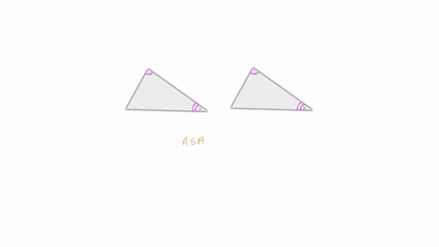And you have your included side here. So if I have two triangles and they have two congruent angles, let's call this 85 again, and the included side is congruent, let's say it's both 10, then they by definition have to be congruent. That's an angle side angle there.